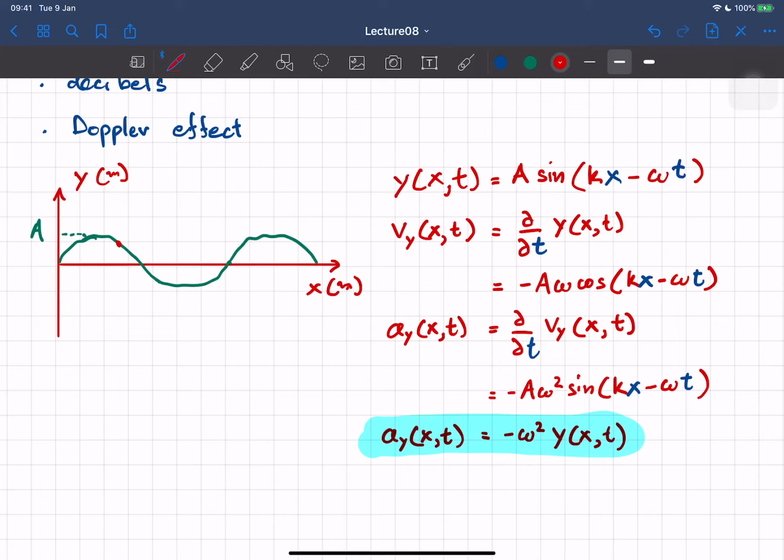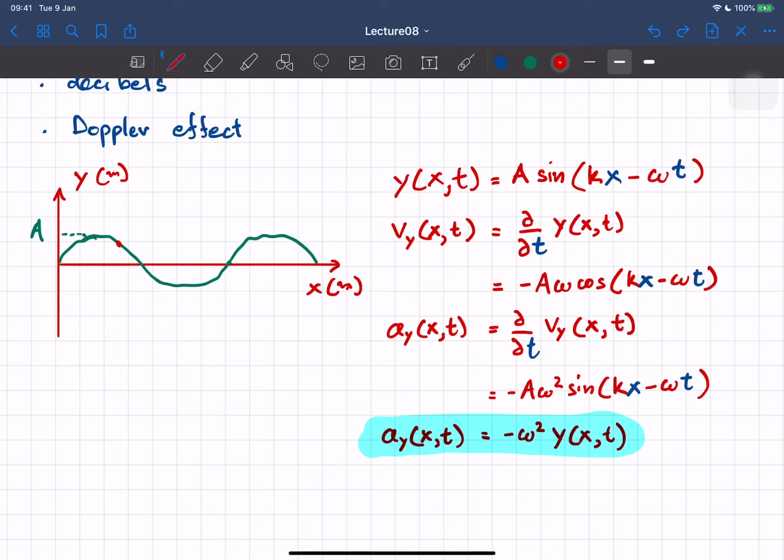Okay, what does that mean? It means that any x is any location on the string, right? You pick x, then you're gonna have this equation for that particular x, which is simple harmonic. So every point on the string behaves like a simple harmonic motion oscillator going up and down.